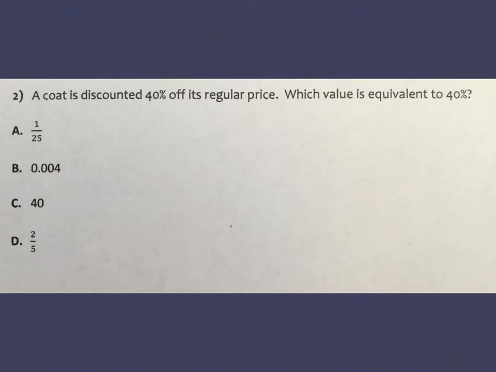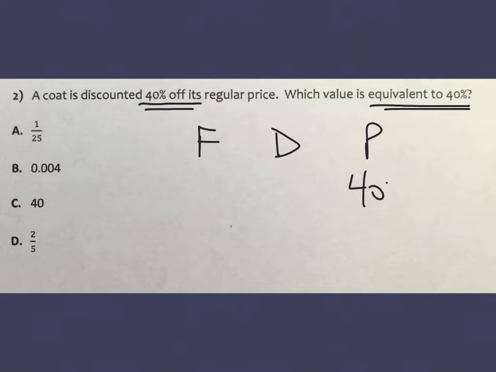In our next problem, a coat is discounted 40% off its regular price. Which value is equivalent to 40%? So we need fraction, decimal, percent. 40%. When I change a percent to a decimal, I eliminate the percent sign and move the decimal 2 times to the left to make 0.40.